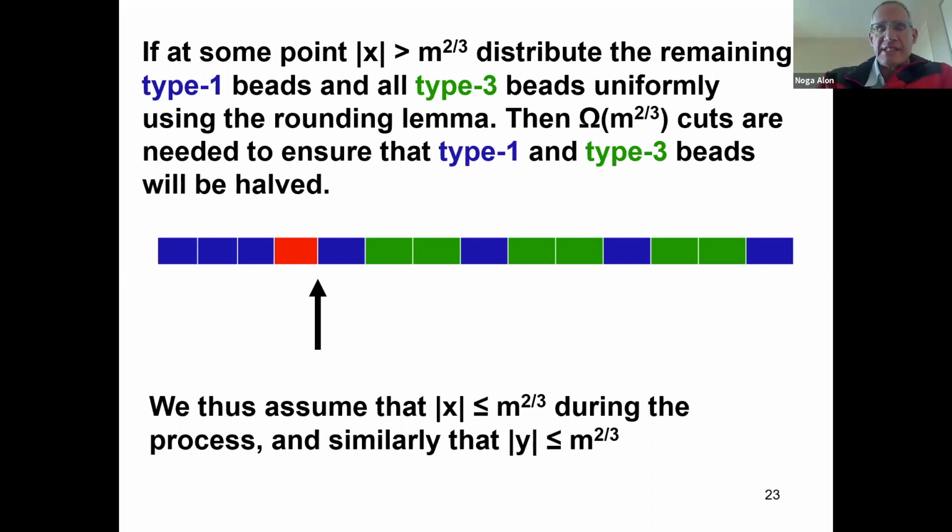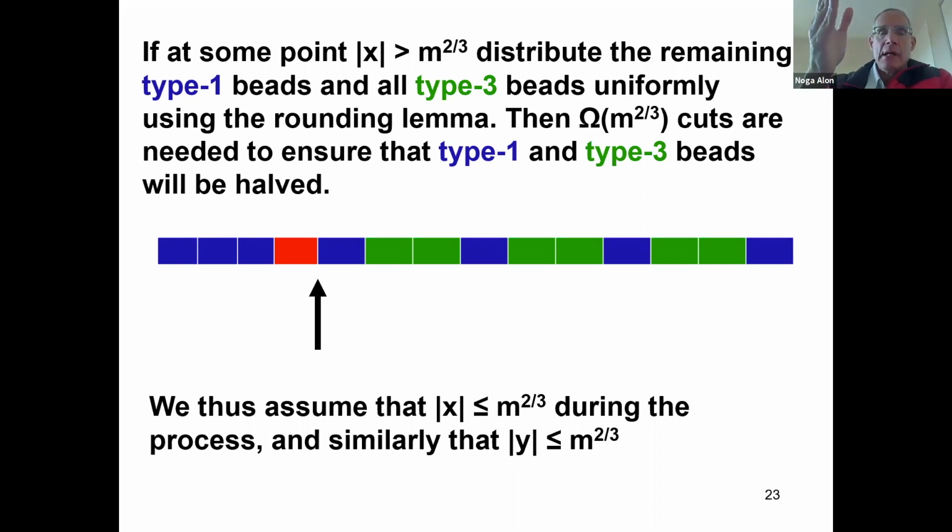But of course, with discrete things, we cannot do it, and there is always a solution because we can split everything into single beads and allocate them to the required agents. But what we do is use a rounding lemma, and we distribute it imitating this uniform distribution. And then it's clear that we need many cuts, right?